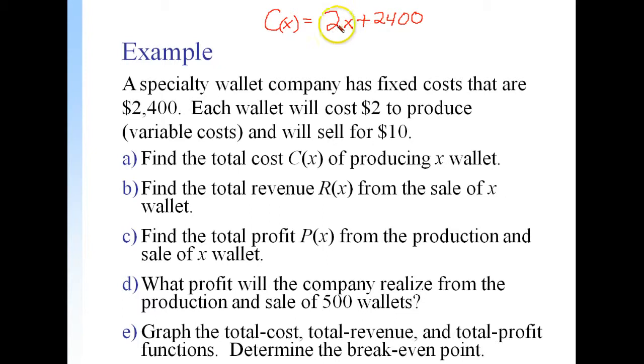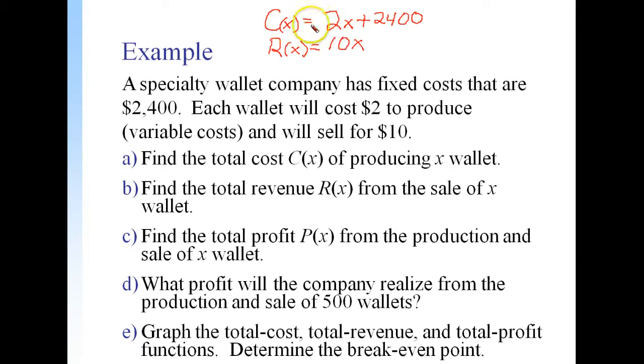Okay, we are now doing our revenue. And that's kind of an easy one. Now, when we sell a particular item, we take in $10 for each item sold. So here basically are our two equations.